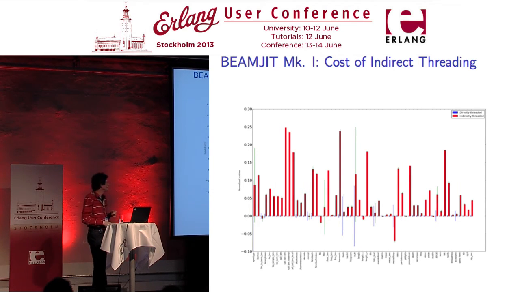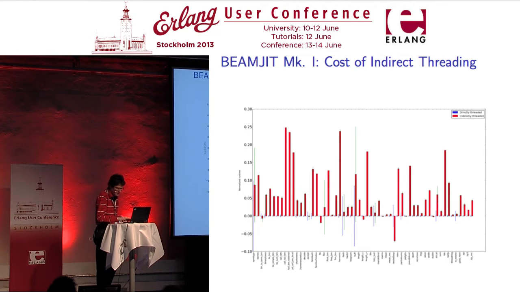If you look at the legend up to the right, the blue bar to the left is 0 for all of them because that's what I normalized against. But you can at least see how noisy the unmodified system is, because you can see the error bar. So that's the cost of indirect threading.